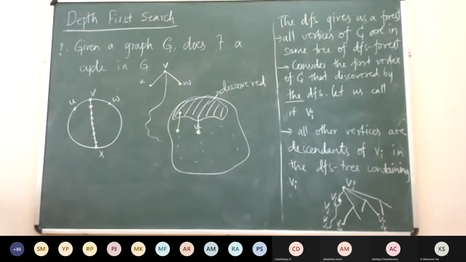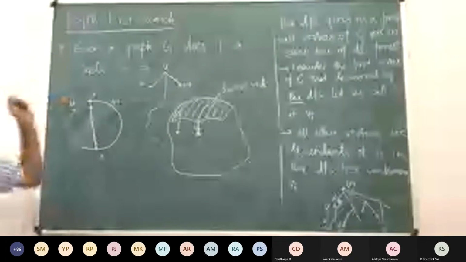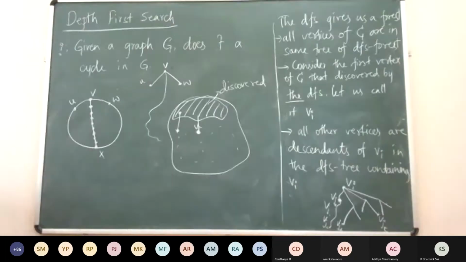Okay. So Akanksha has another way of proving this. What she says is that you delete this vertex V from the graph, right? Now look at the DFS forest with respect to the same DFS traversal.